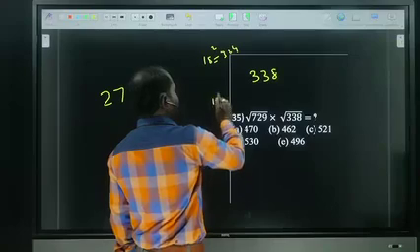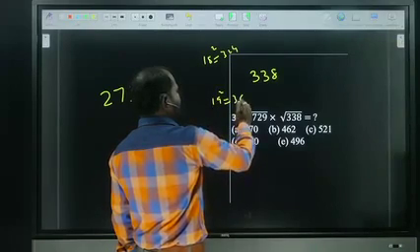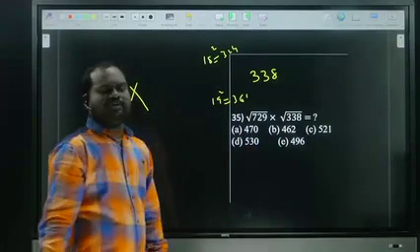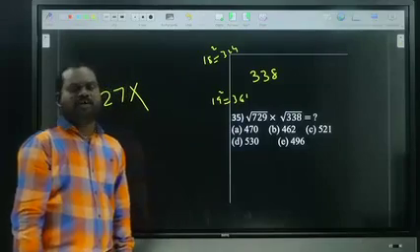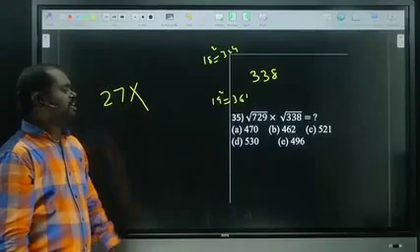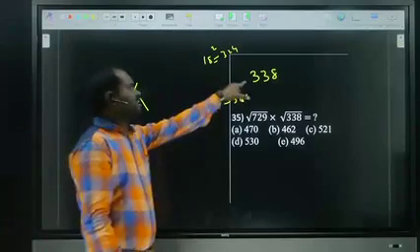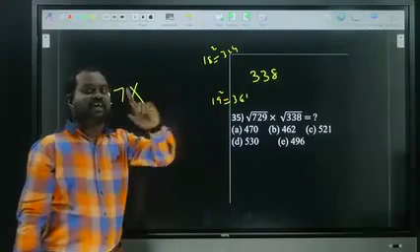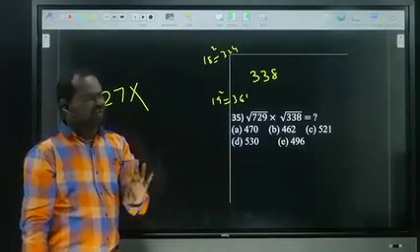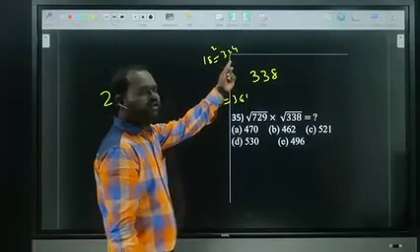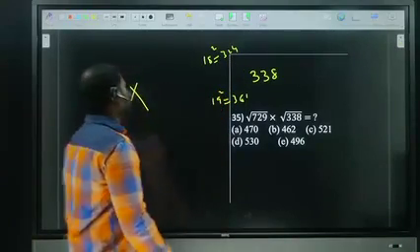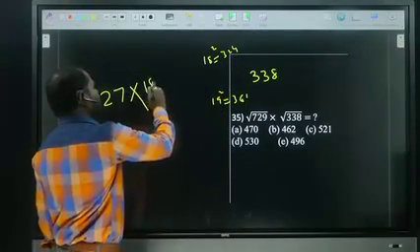Whereas 19 square is 361. We don't have the exact square value for 338, but 338 lies in between 18 square and 19 square. If it is exactly in the middle, we can take it as 18.5. But it is near to 18, so take it as 18.4.